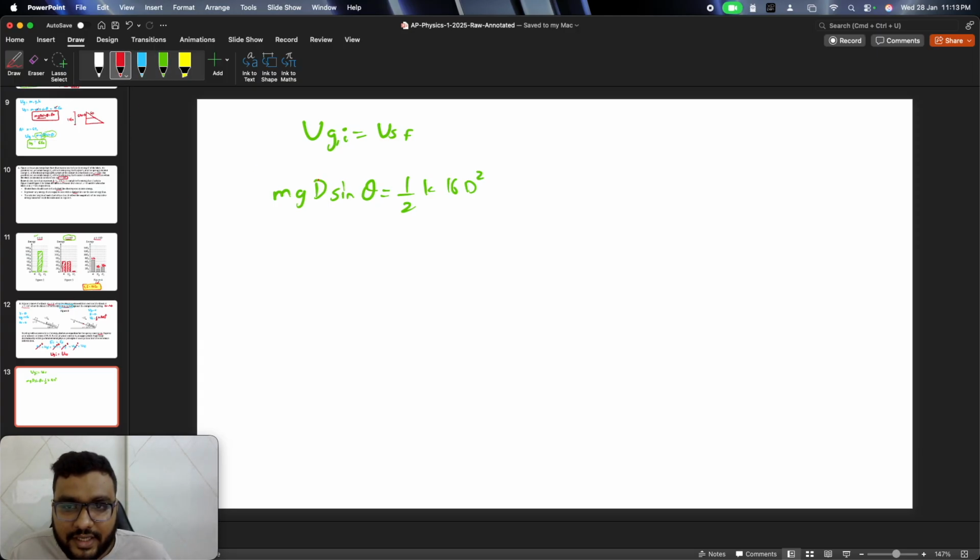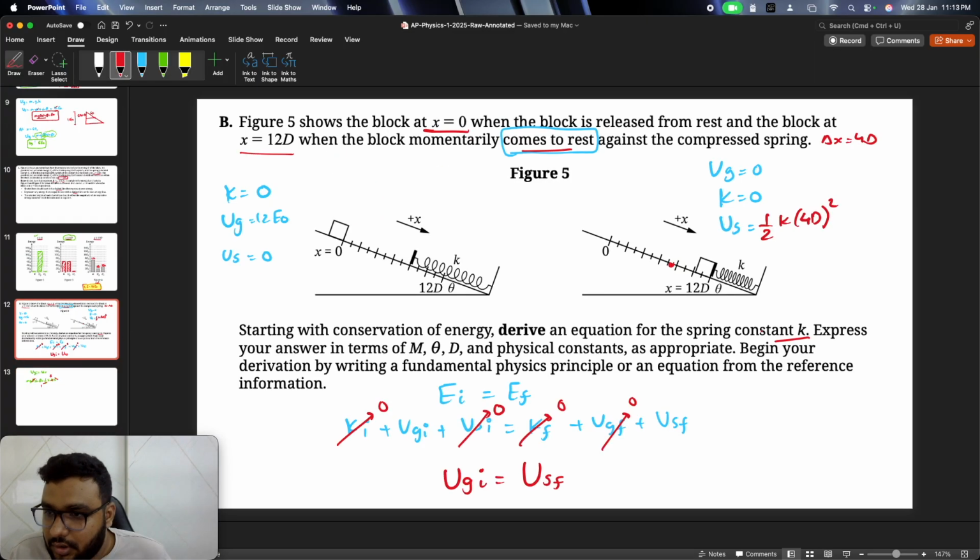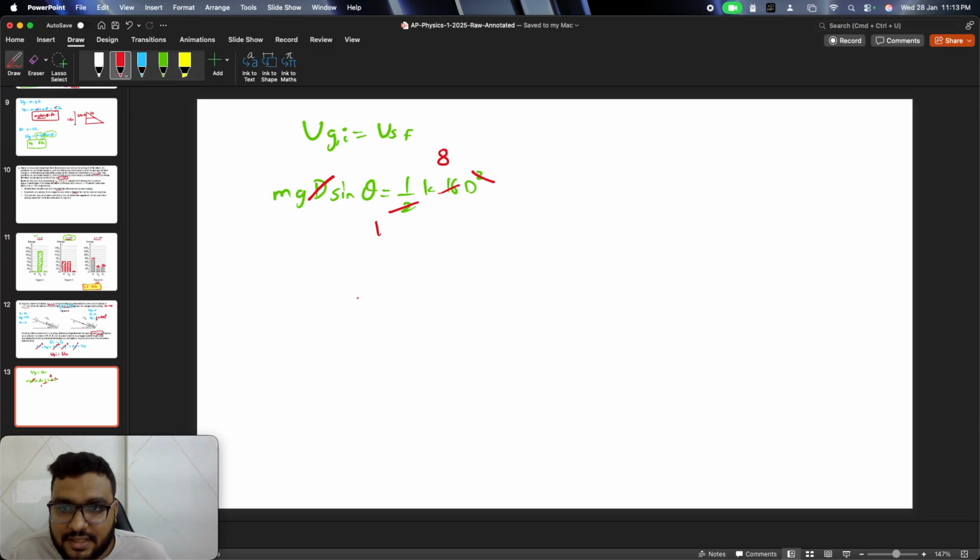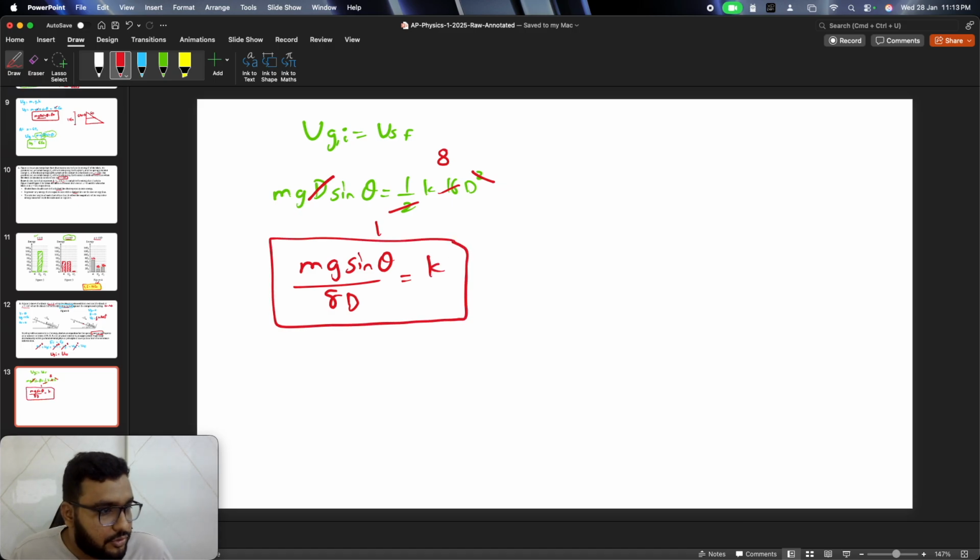Okay, so I can now cancel out d and this square from here, and I can cancel out 2: 1 times 2 is 2, 2 times 8 is 16. And what do we need to find out? We need to derive the spring constant k. So I can say that the value of this is going to be mg sine theta divided by 8, and d will go down. So 8d is equal to the value of k. mg sine theta over 8d is equal to k.